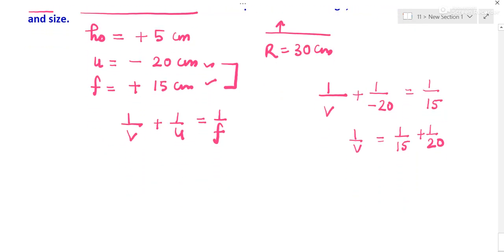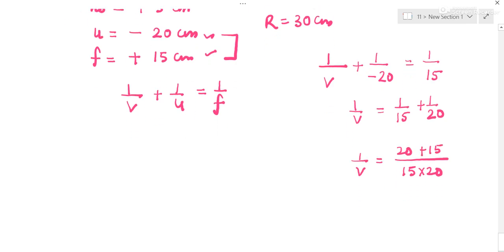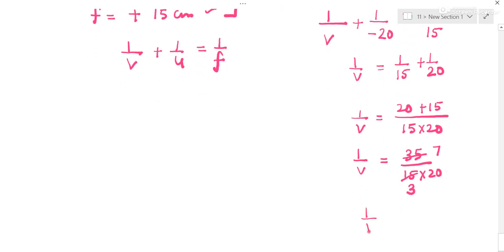Do take the LCM on your own. 15 into 20, 20 plus 15, or you can take the simpler way. 35 over 15 into 20, so 7 by 60. You can reciprocate and write that v is 60 by 7.